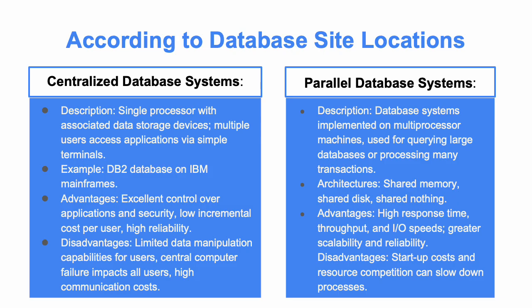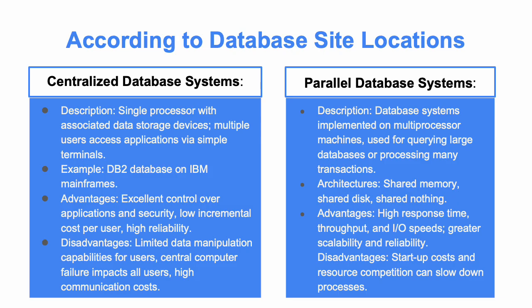High throughput, so it can handle many transactions or queries simultaneously. High I/O and processing speed, meaning fast input output and processing capabilities. Scalability and reliability: it has better scalability and reliability compared to the single processor system.